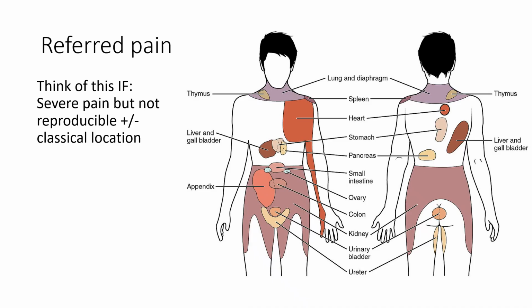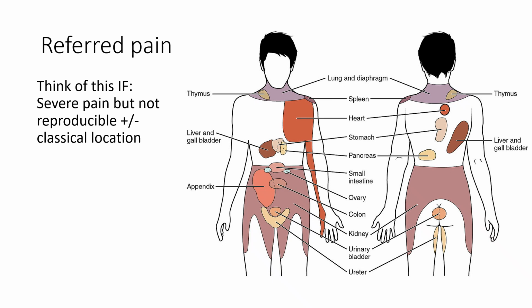Okay, another way that localization of the pain can confuse us, another layer of this mantra that it's good to think about these nine quadrants, but there are other things to weigh in when we're talking about localization of pain. And that is referred pain. When you have to, as emergency physicians, think of referred pain, it's when there's pain in an area, but we cannot reproduce it by touching the area.